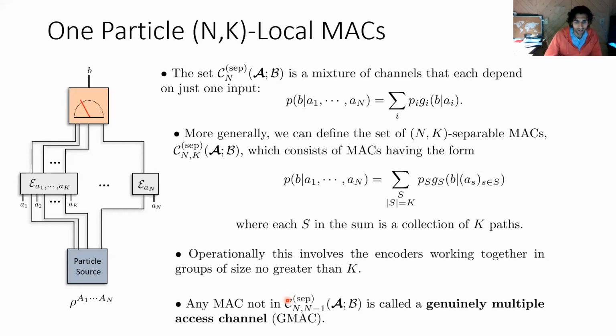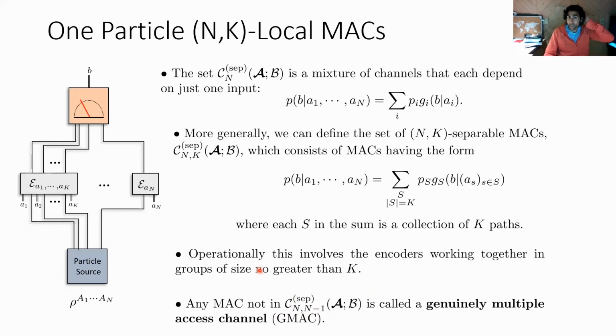All right, and so then any MAC that's not in this set here, n minus 1, we'll call it a genuinely multiple axis channel. So the idea here is, there's various definitions of multipartite entanglement, but one notion that has been studied is this genuine multipartite entanglement.